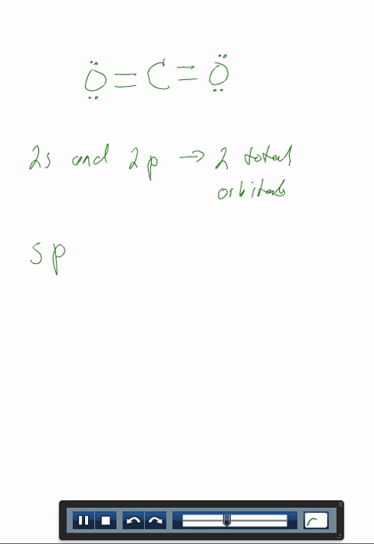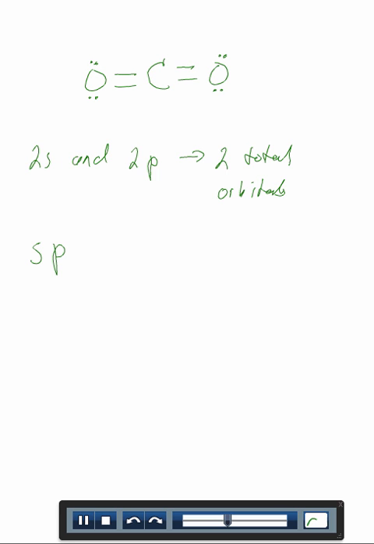This is the Lewis dot structure of carbon dioxide. If we look at carbon, it has 2 single bonds around it, so we need only 2 orbitals from the valence shell. We take a 2s and only 1 of the 2p orbitals. That gives us 2 total orbitals. We don't have any non-bonding electrons around carbon and we have 2 single bonds, so we just need 2 orbitals, an s and 1 p orbital.